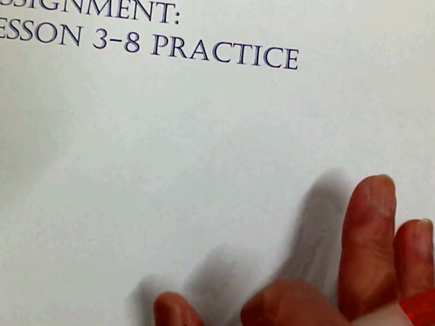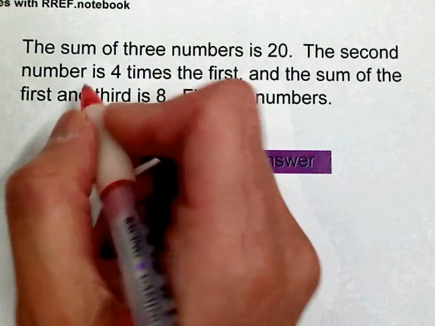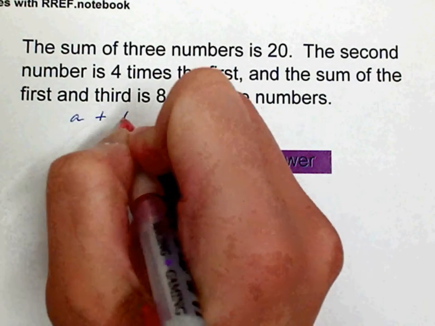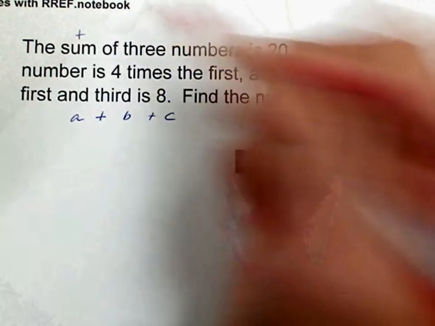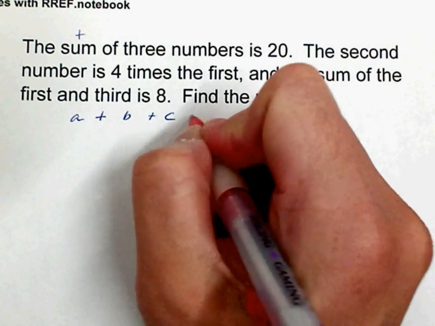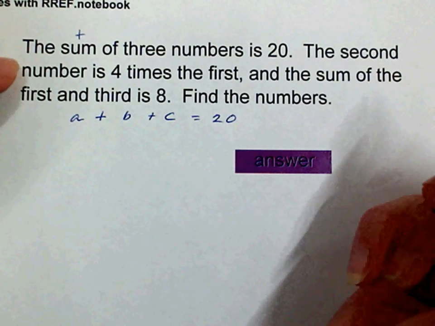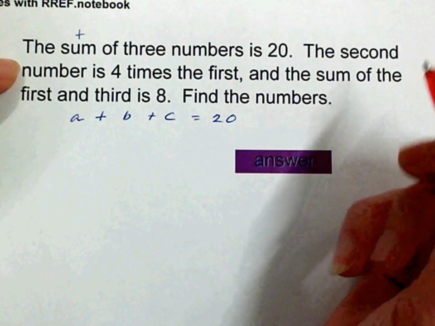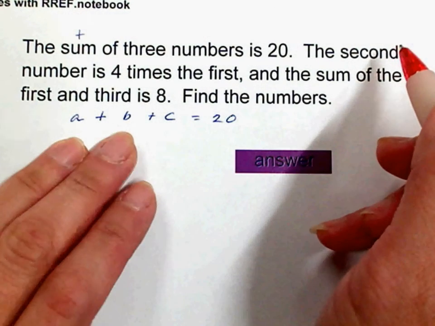Here we go. The sum of three numbers is 20. I'm going to call my three numbers A, B, and C. The sum means to add, so A plus B plus C is equal to 20. The second number is 4 times the first.